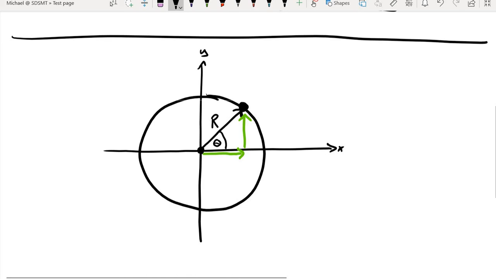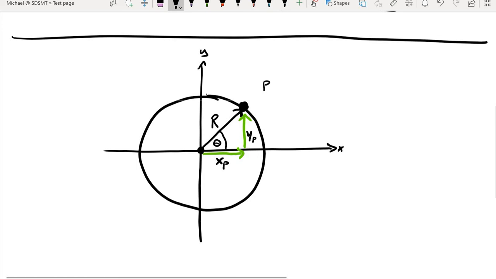And I'm going to take this point on the surface of our circle here. I'm going to call that point P. The reason I want to do that is so that I can give these x and y components of the radius vector a name.